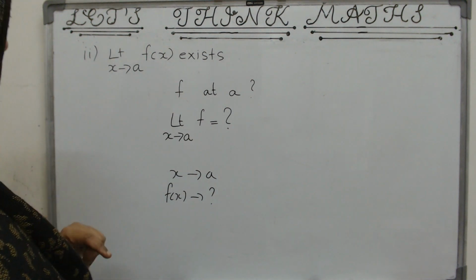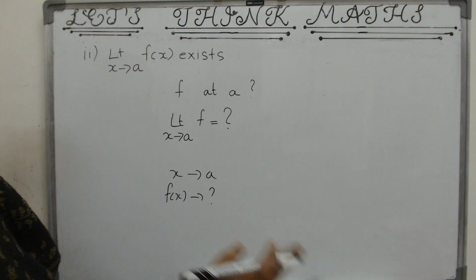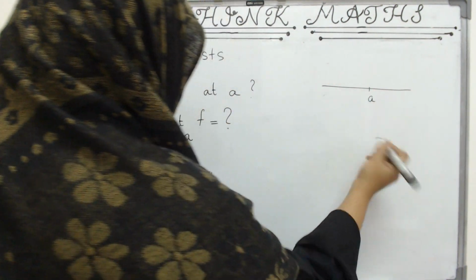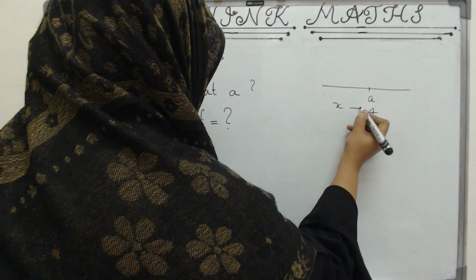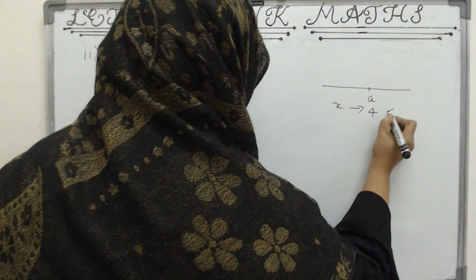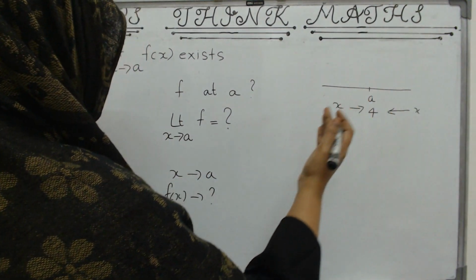Now what is the problem with that? When x approaches a, it can approach a in two ways. What two ways? See, suppose this is a. For example, take your a is 4. When we say x moves towards 4, it can move towards 4 from the left or from the right.